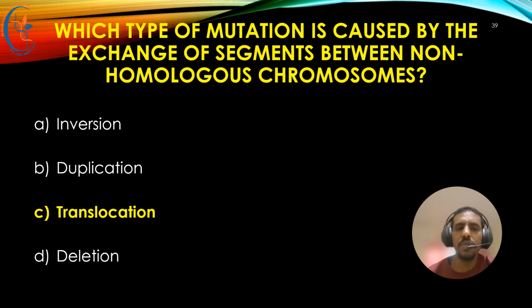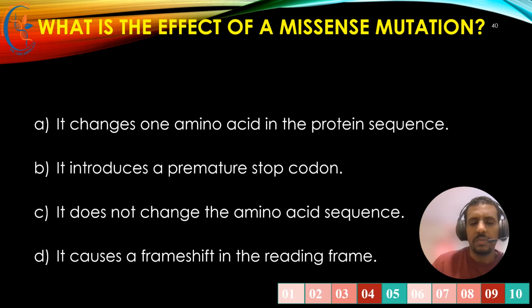Translocation mutations involve the exchange of genetic material between non-homologous chromosomes, which can disrupt gene function and lead to disease. So the correct answer is translocation. Let's move to the other question.